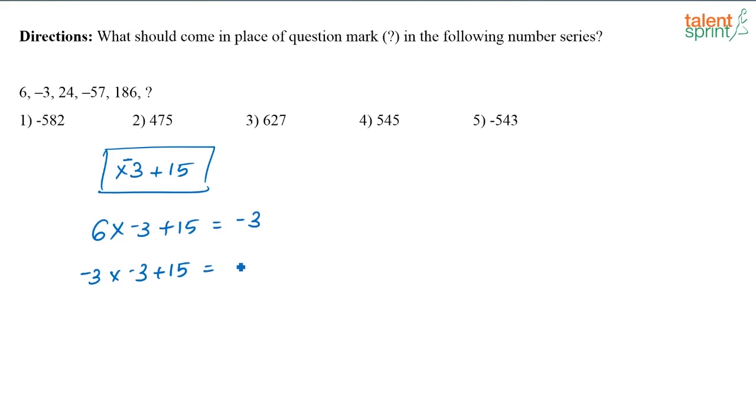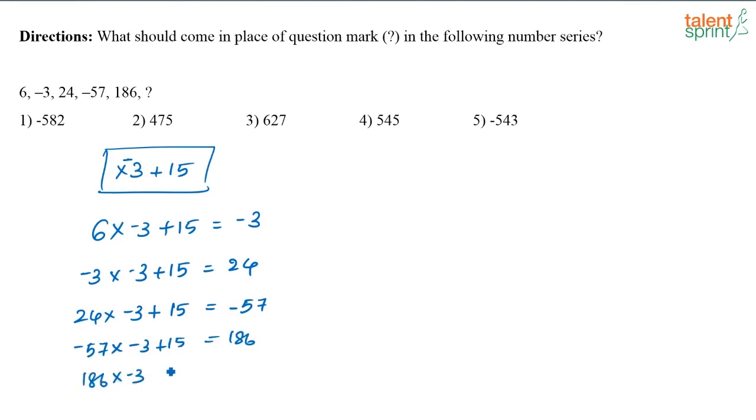So the answer will be 15 plus 9, 24. 24 into minus 3 plus 15. So what will come? 24 into minus 3 plus 15. Minus 57. Minus 57 into minus 3 plus 15. 186. 186 into minus 3 plus 15. That will be minus 543.